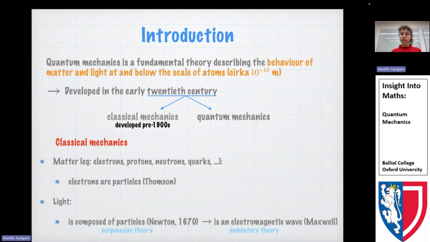Then eventually, this was replaced by an undulatory theory. So you might all be familiar with Maxwell and electromagnetism, or at least have heard of it. So what Maxwell said is that light is an electromagnetic wave. So this is an undulatory theory. So that's what happens in classical mechanics. Light, there was Newton's corpuscular theory, which eventually was replaced by Maxwell's undulatory theory of light.